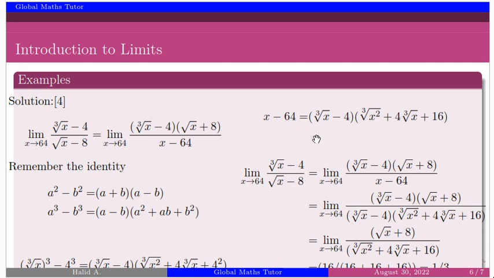So x minus 64 is replaced by the product, we cancel, and we get the square root of x plus 8 over the cube root of x squared plus 4 times the cube root of x plus 16. Substituting these values gives 16 over 16 plus 16 plus 16, which gives 1 over 3. This is how we find the limit.